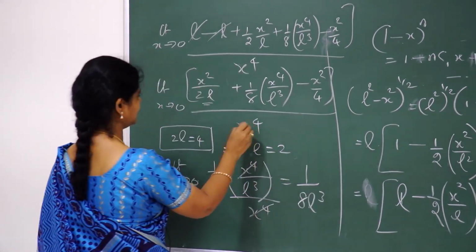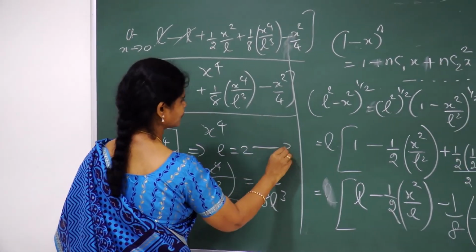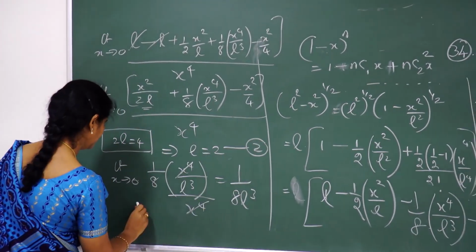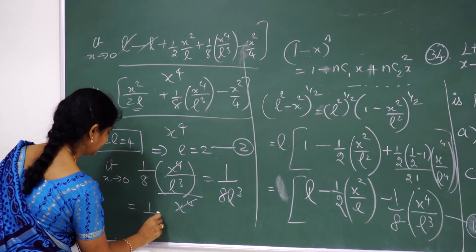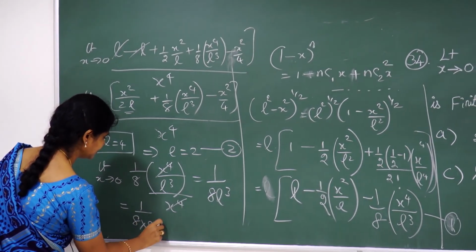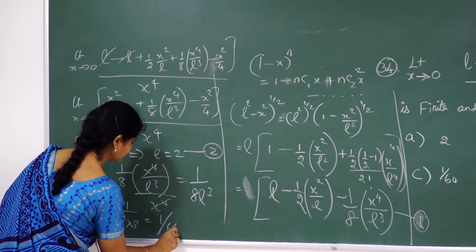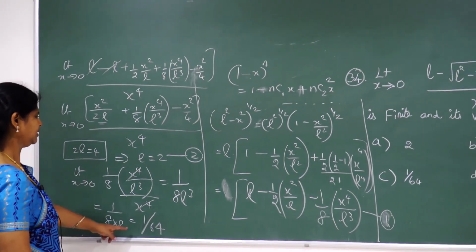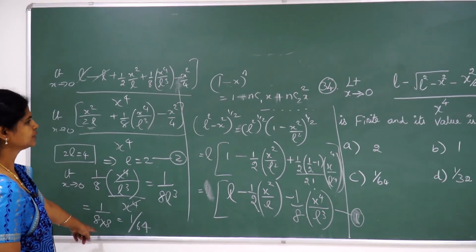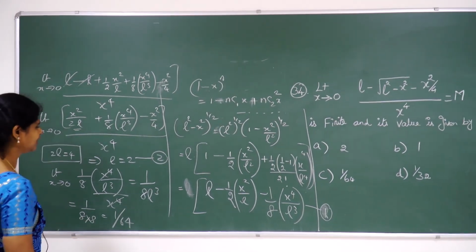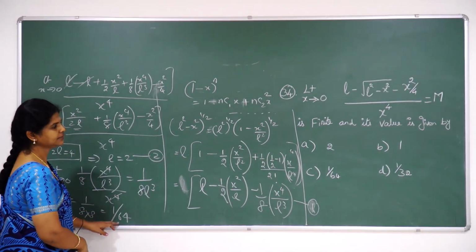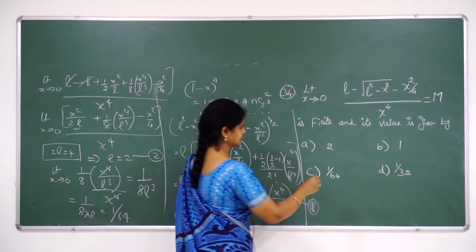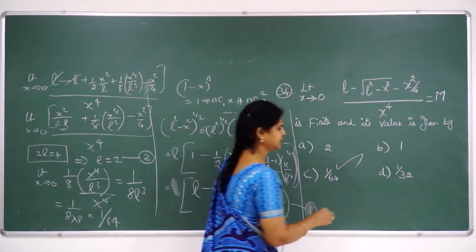Substitute L is equal to 2: 1 by 8 into 8, that is 1 by 64. So 1 by 64 is the final answer. The finite value of the limit is 1 by 64 and the answer is C. C is the correct answer.